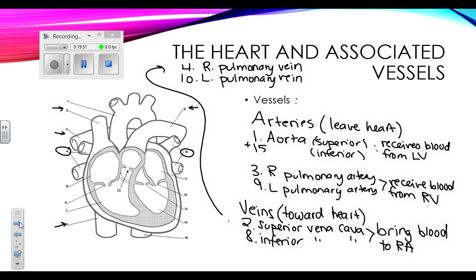You need 2 of them because you have 2 lungs. Both of them bring blood from your lungs to your left atrium. So these are the big major blood vessels that bring blood in and out of your heart.